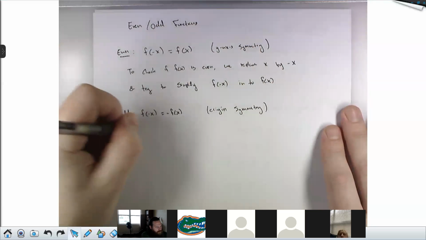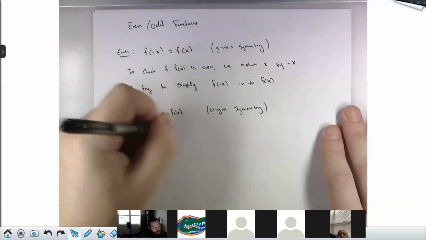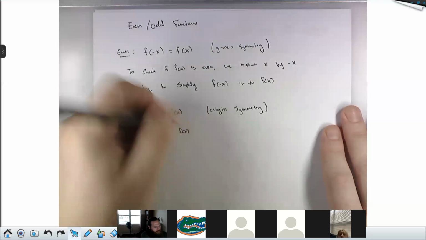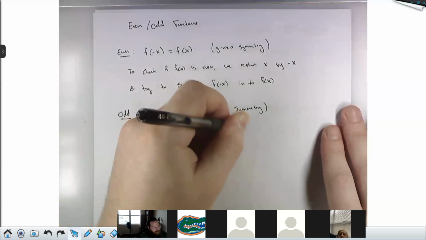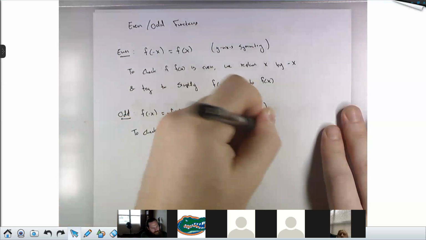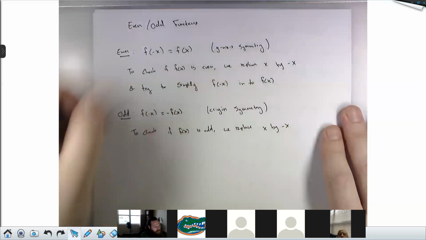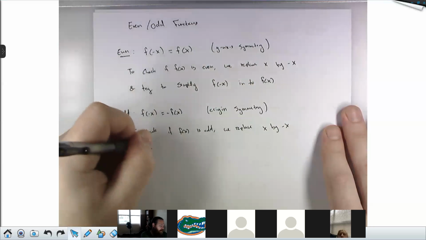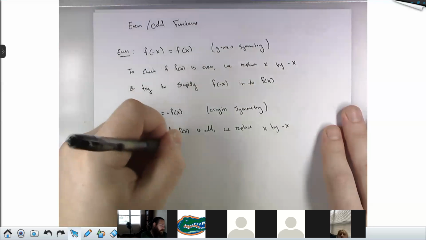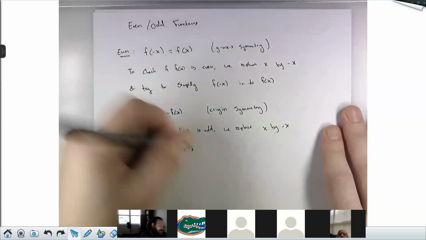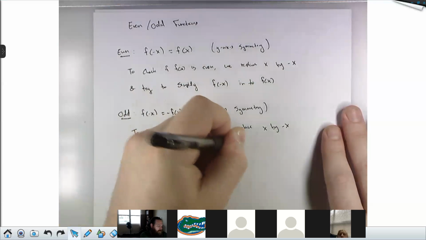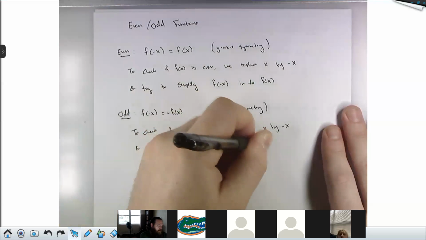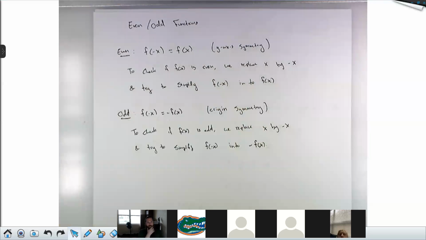And to check here, we replace x by negative x and try to simplify f of negative x into negative f of x. Is that kind of what you were asking, Mark?